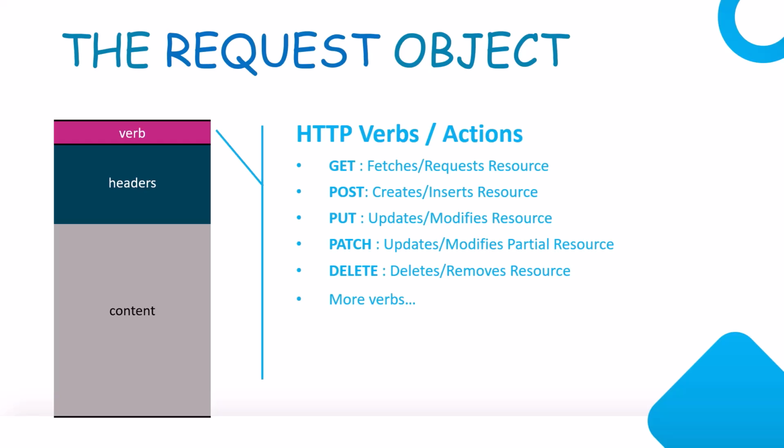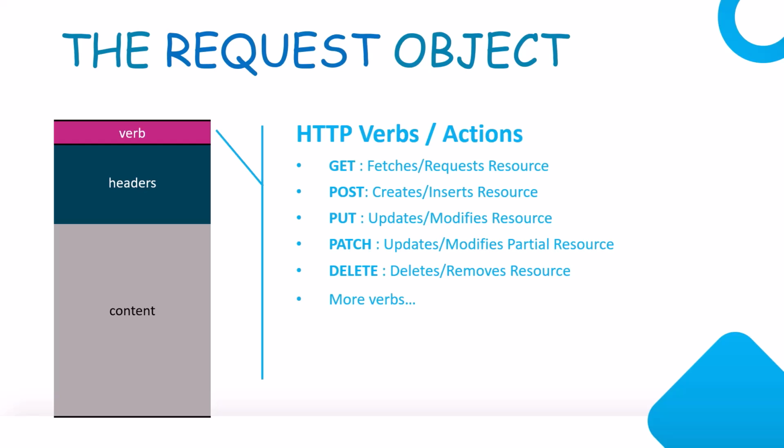Sometimes we also use patch, which basically means that please do not update the whole resource. I only want to update a part of that resource. For example, if your object has 100 properties and you only want to update one of those properties, you will use patch in that case. Put basically contains the complete resource and patch works on one part of the resource.